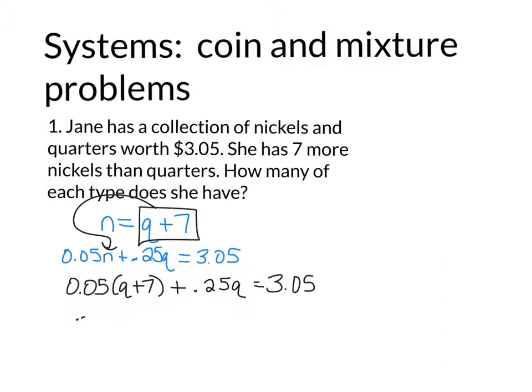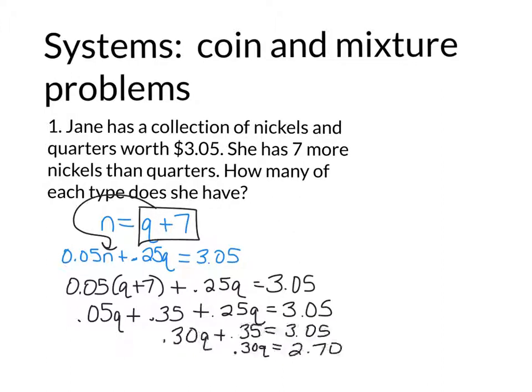Distribute the 0.05. And we just keep solving. And the last step, divide both sides by 30 cents. And that gives me Q equals 9.